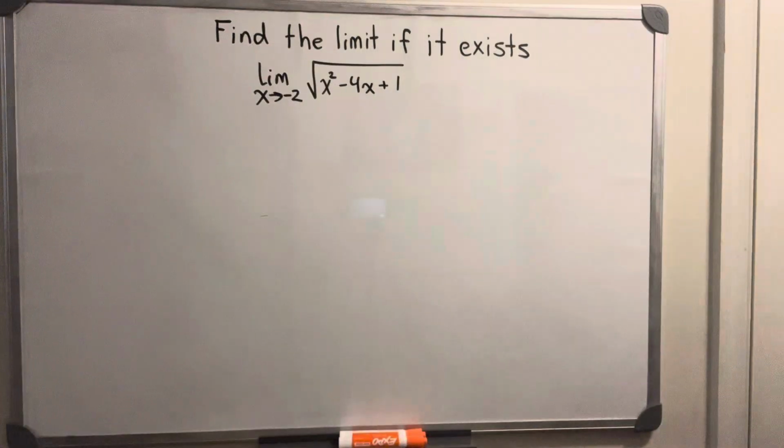This problem says find the limit if it exists. The limit as x approaches -2 of the square root of x squared minus 4x plus 1.